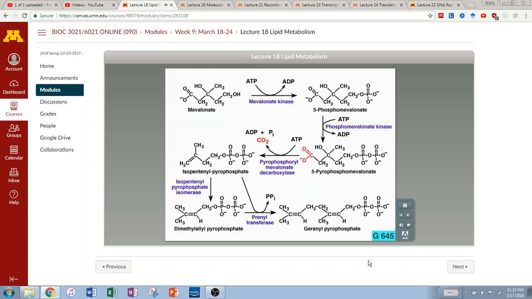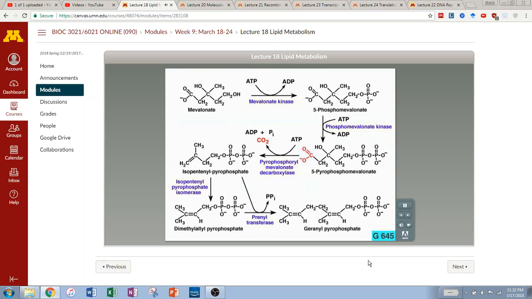The end result is a nice little 5-carbon compound, isopentenyl pyrophosphate, which has a carbon-carbon double bond at one end. Next, there's an isomerization of that new double bond to form dimethylallyl pyrophosphate. At that point, a 5-carbon dimethylallyl pyrophosphate molecule condenses with an isopentenyl pyrophosphate to form a 10-carbon product, geranyl pyrophosphate, with the release of an inorganic pyrophosphate.